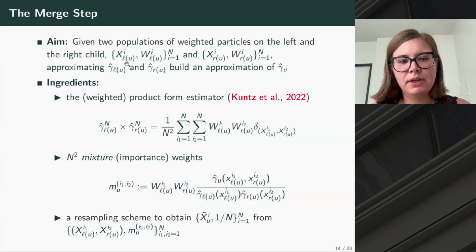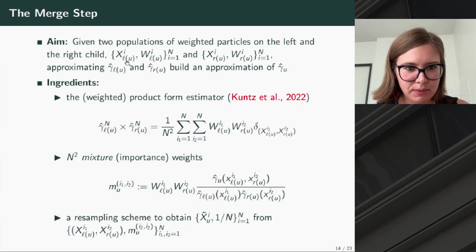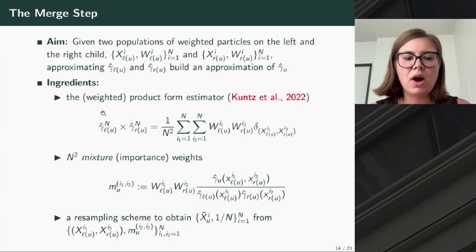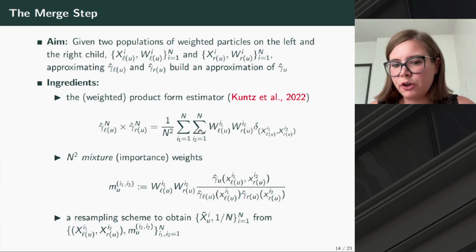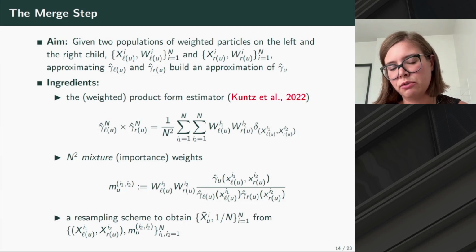The starting point, as I already mentioned, are two sets of weighted samples, one on the left and one on the right. What I'm going to do is build what is called a product form estimator. What it does is approximate the product of the marginals. If I have my distribution on the left and my distribution on the right, I take the product and I have an approximation of the product of the marginals.